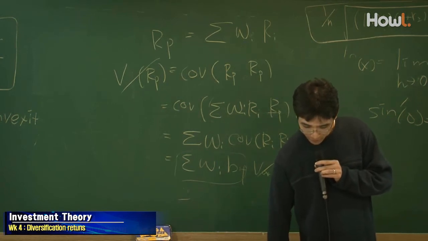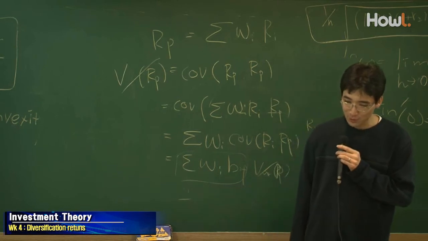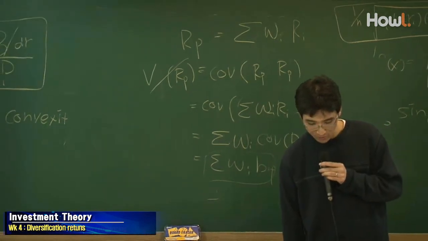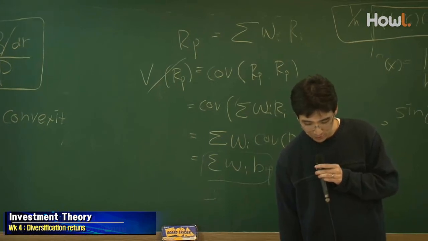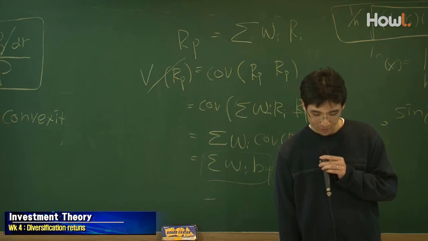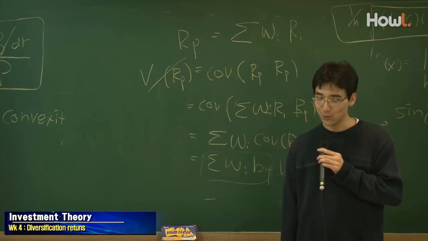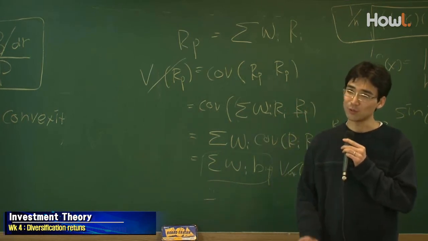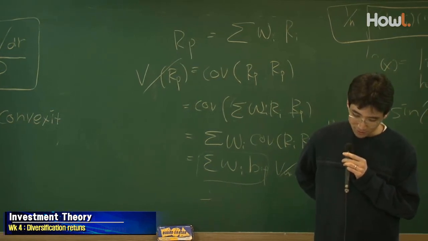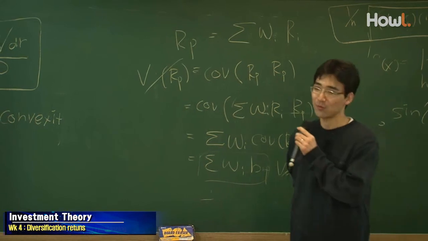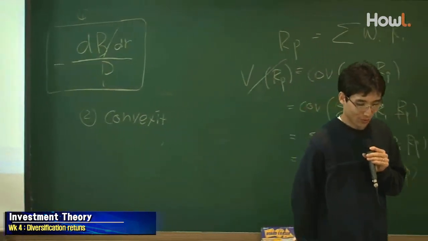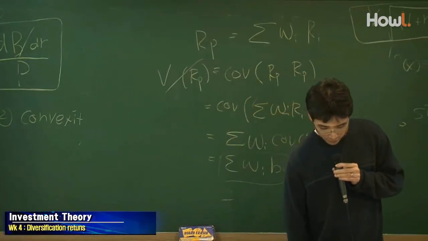Because of the diversification, it decreases by this amount, right? Which is just the difference between weighted average portfolio variance and portfolio variance. So because of the diversification, we can reduce variance by 6.7% for the rebalanced portfolio and even more for the unrebalanced portfolio.